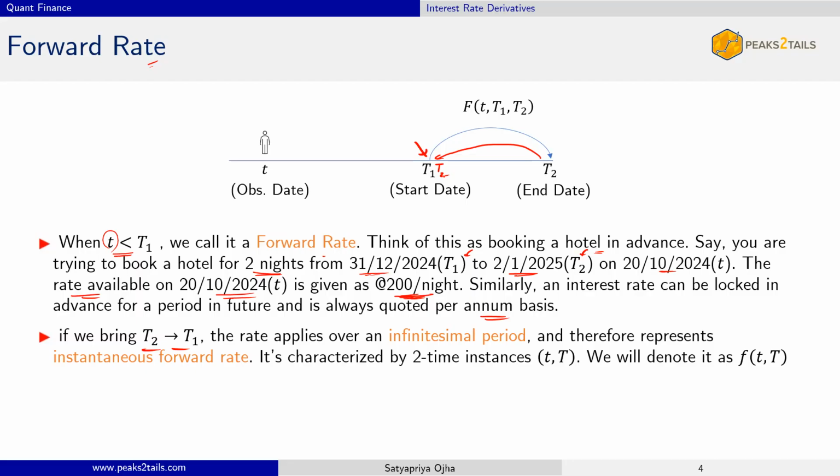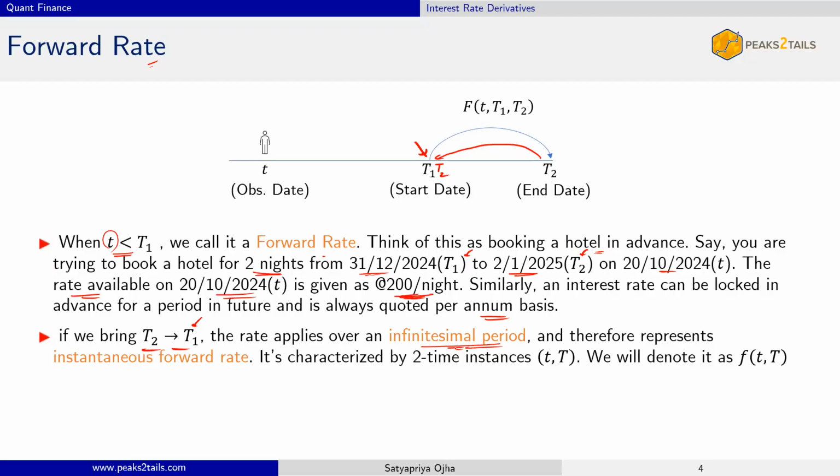In terms of the hotel checking analogy, think of getting into the hotel and coming out in one instant. Not even staying. It's not even one minute, just one instant. The key word that we use is infinitesimal period. So if you bring T2 very, very close to T1, the period becomes one instant.